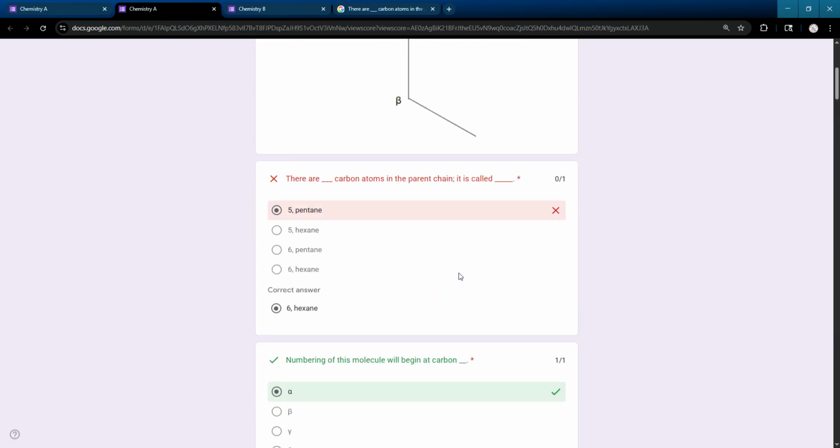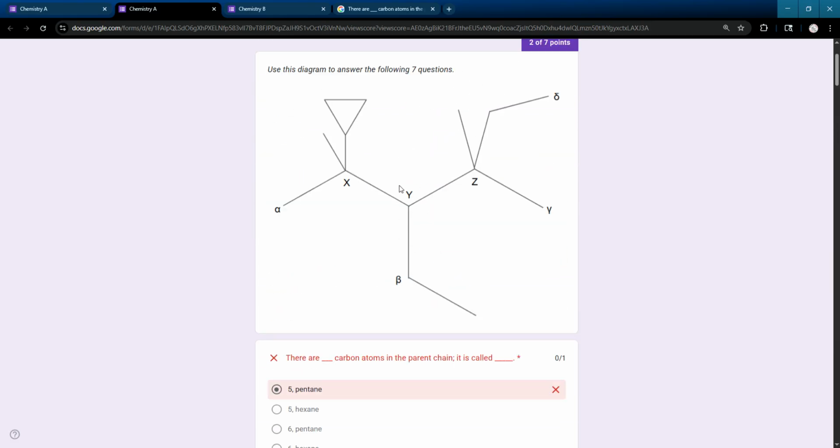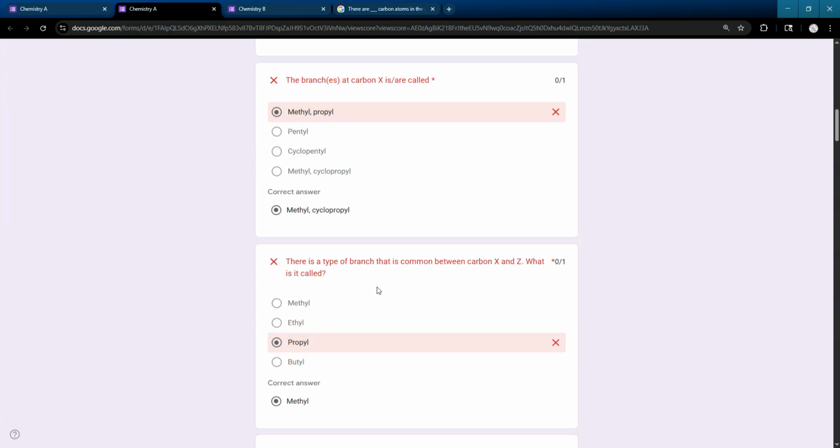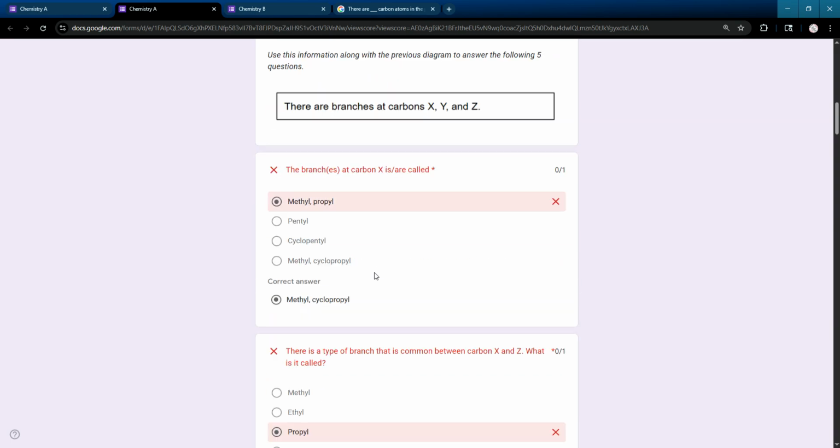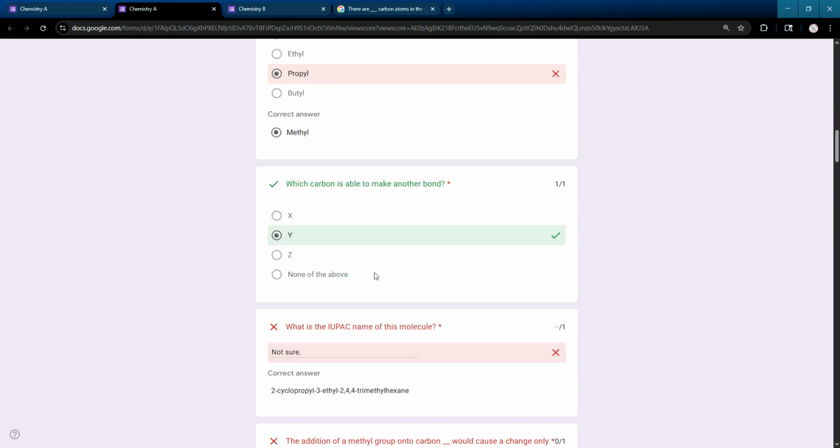Which carbon is another to make another bond? Is this one? So what is the IUPAC name of this molecule?